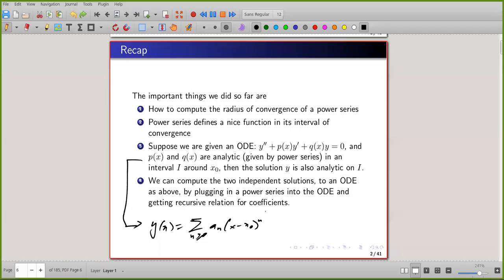We can just plug this in and then solve for the coefficients. Once we do that, we will get recursive relations for the coefficients, so we will be able to find the higher a_n in terms of lower ones. And usually we can choose a_0 and a_1 arbitrarily, and that will give us the solution we are looking for.